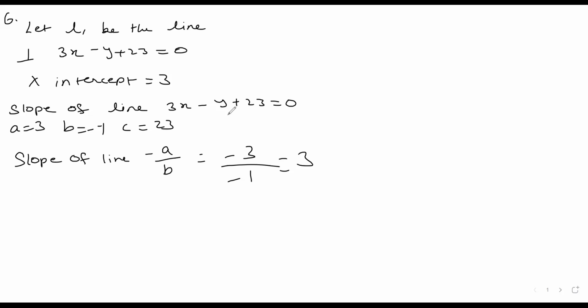I can find the slope by another method also. I will say y is equal to 3x plus 23. So this 3 is the slope. Okay. So once we have got the slope, we have to find the equation.